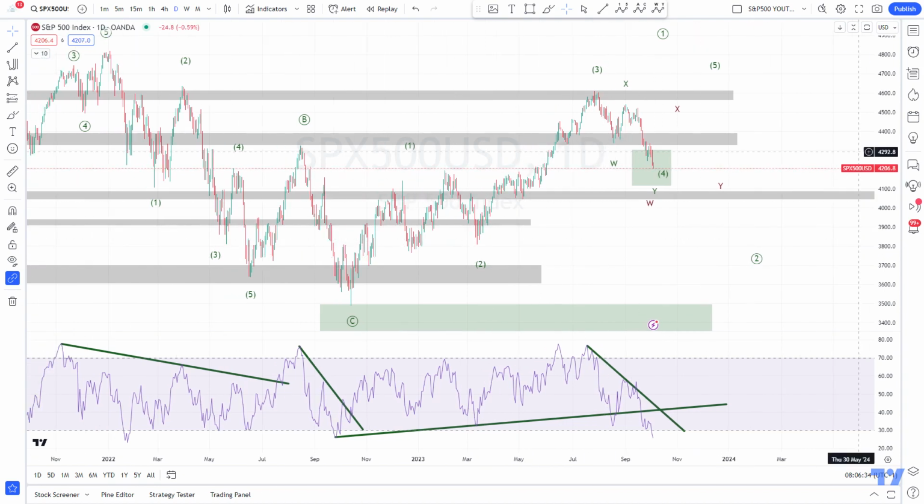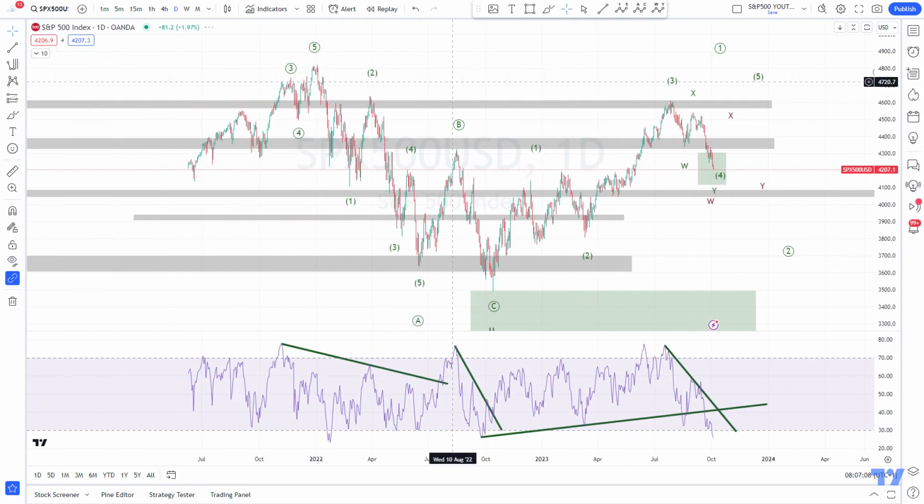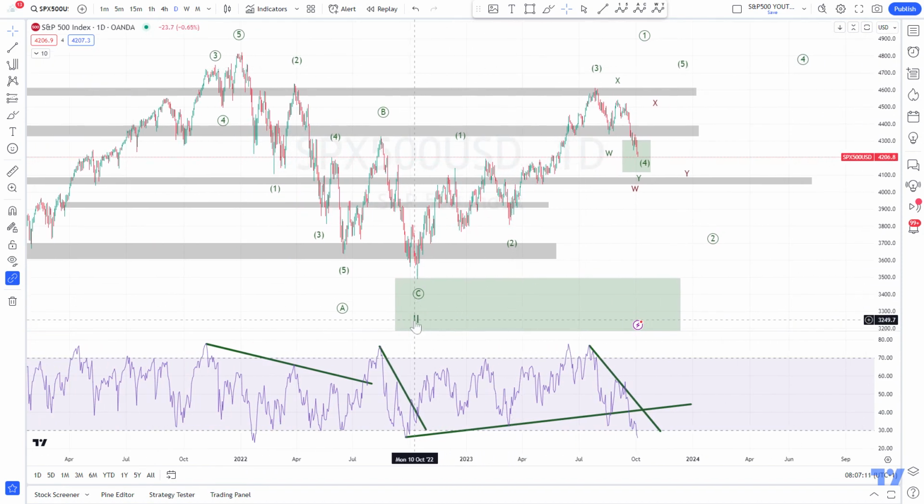In my higher time frame analysis, I showed you that we were working here on an impulse, on a wave 1 up. We had a wave 1 or wave 2. This was the wave 3. So now we are currently in the wave 4 area. If it turns out this is not a wave 4, then what we might do is a move where the wave 2 low was not yet in.